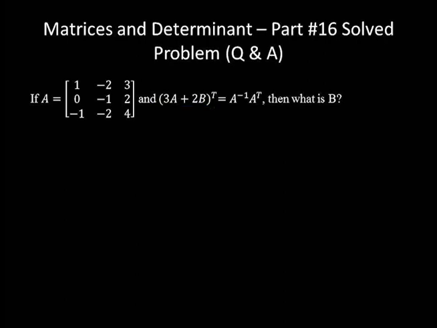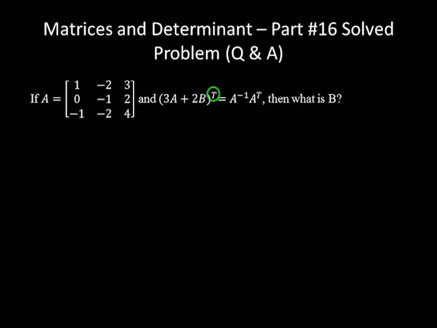To approach this problem, first let's rewrite matrix B in terms of the product of A inverse and A transpose, and matrix A. To take 3A to the right of the equality sign, we have to remove this transpose from the left-hand side expression.